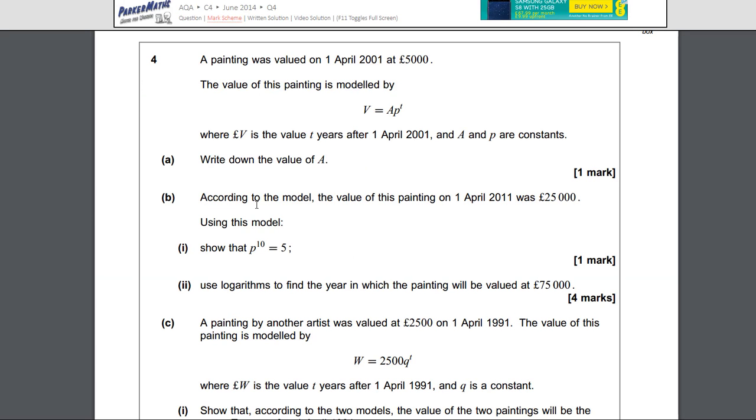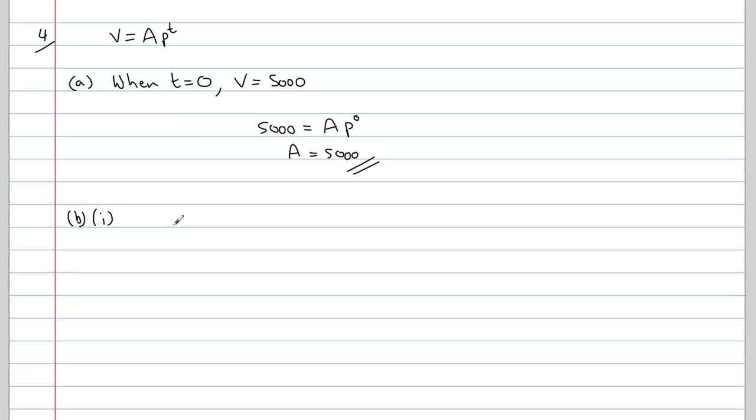In part B, it says, according to the model, the value of the painting on the 1st of April 2011 was £25,000. Using this model, we need to show that P to the power 10 equals 5. On the 1st of April 2011, the value of T will be 10. Now that we know A, we can put that in, so we get 5,000 P to the power T. When T equals 10, we know the value is 25,000.